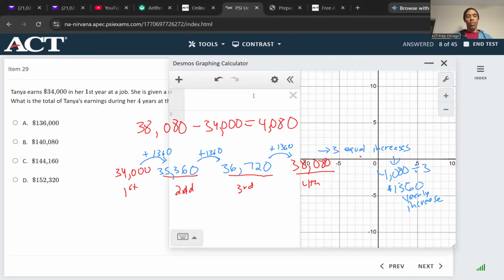So we got 34,000 plus 35,360 plus 36,720. And then lastly, plus 38,080. That'll be 144,160, which is C.